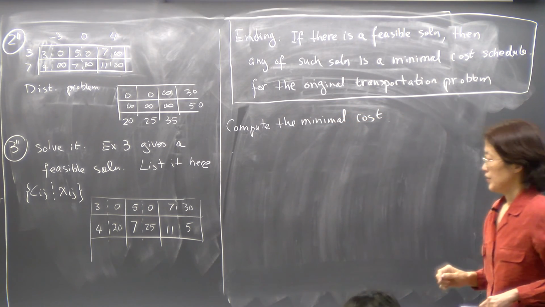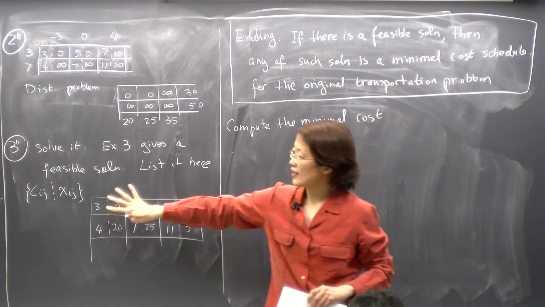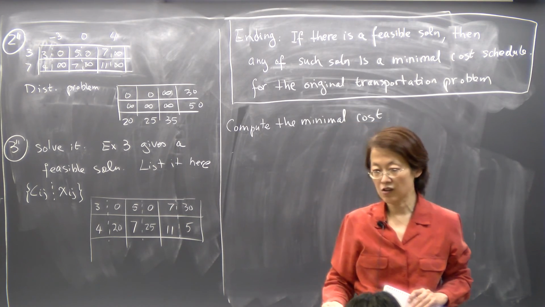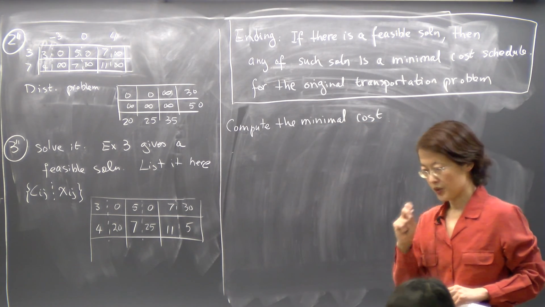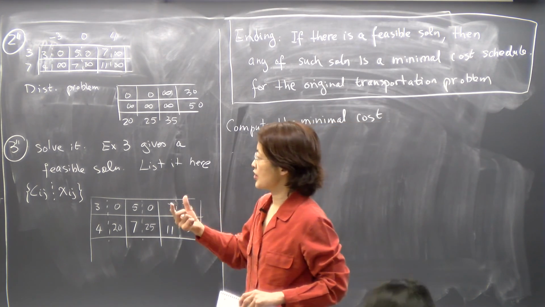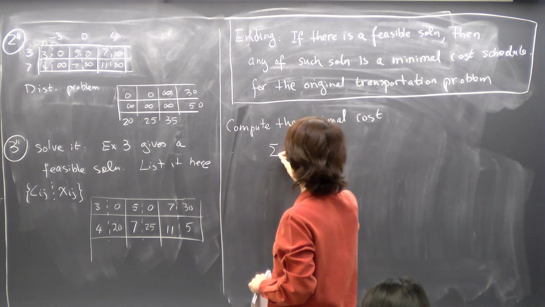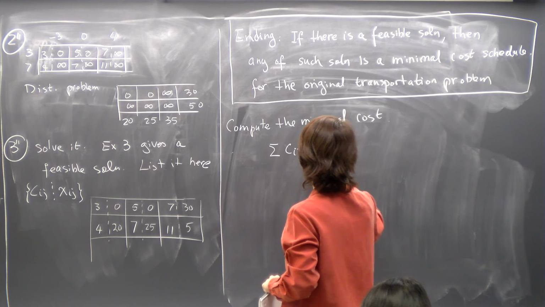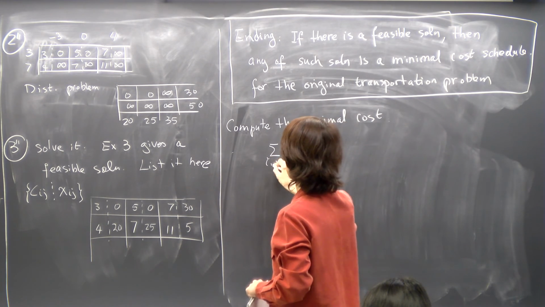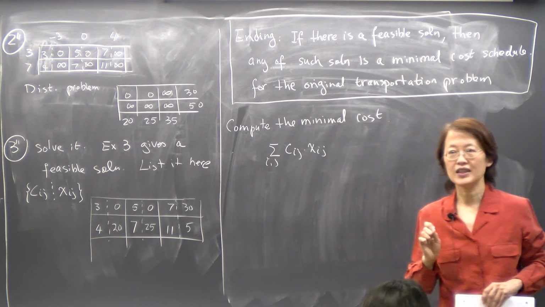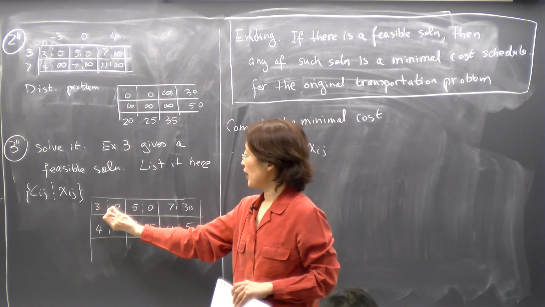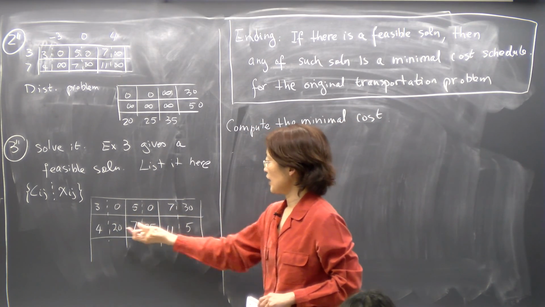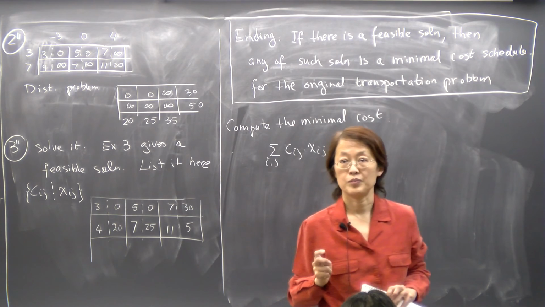Well, if you write everything down like this in this table, then the cost is very simple to compute, because it's just the sum over Cij times Xij, summing over i and j, all of it. So you multiply those pairs of numbers and then add them all up.